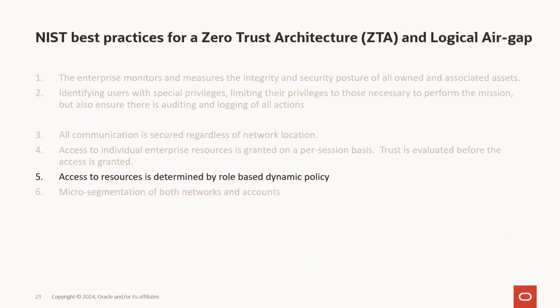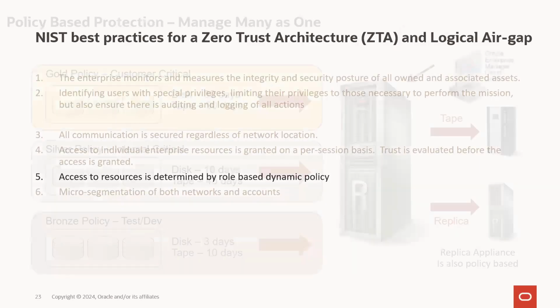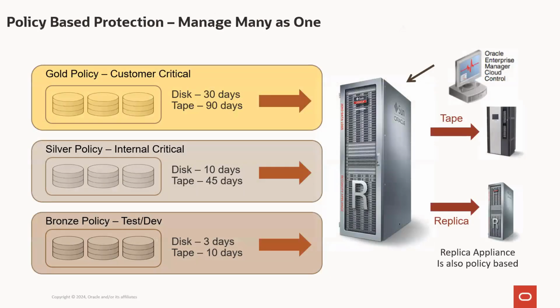And the next piece is role-based policies. So the recovery appliance has policies that control the retention of the backups, replication, what happens to those backups. And this is the idea of backup as a service, kind of like database as a service. So your databases, you typically group together as critical, maybe they're dev databases, maybe they're not as critical.